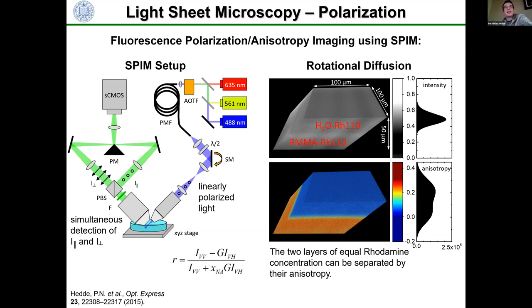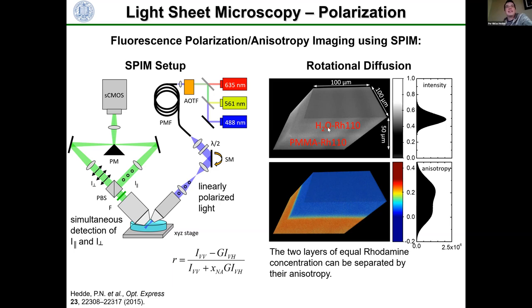But if the molecules are able to rotate before they had the chance to emit the fluorescence photon, then because the orientation of the molecule has changed, the polarization of the emitted fluorescence will also change. So you see a decrease in the fluorescence polarization the faster the molecules are able to rotate. So this is a measurement of rotational diffusion.